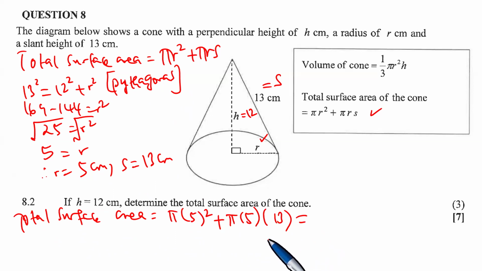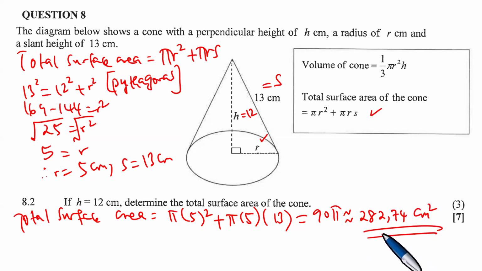So this is 25 plus 5 by 13, which gives exactly 90 pi, and this is approximately 282.74 square centimeters.